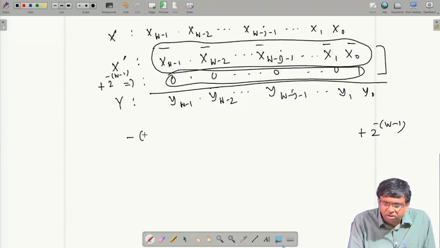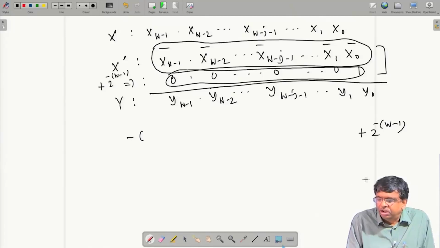But this will be 1 minus, like I told you, a bar is 1 minus a. So, in decimal domain x w minus 1 bar, that means if it is binary 0 and therefore decimal 0, in decimal domain this with bar it will be 1 and vice versa. So, it is nothing but 1 minus decimal x w minus 1.